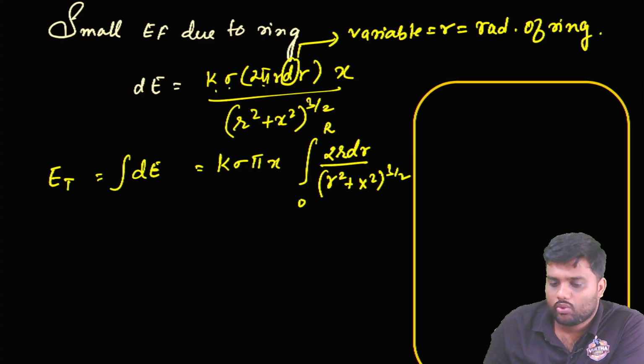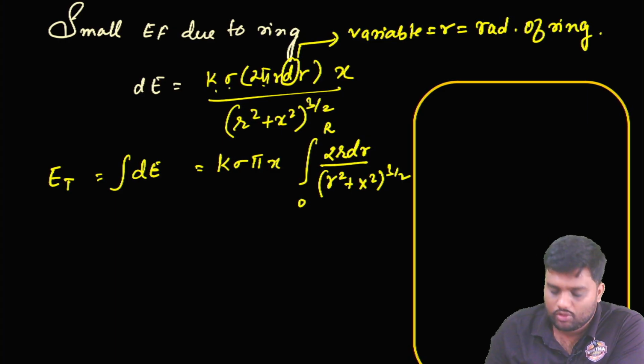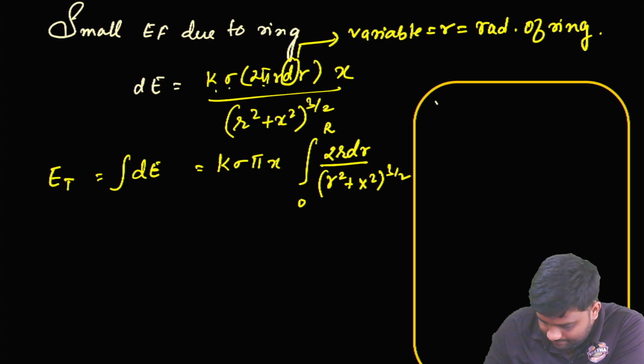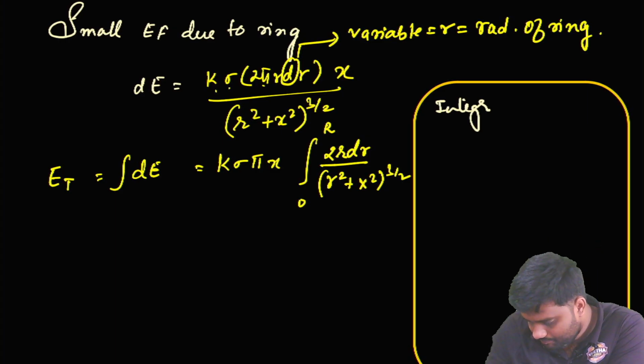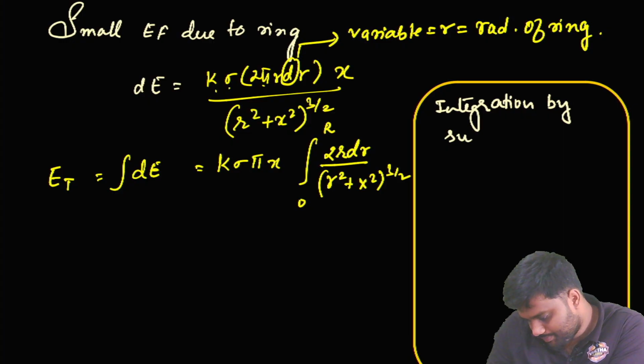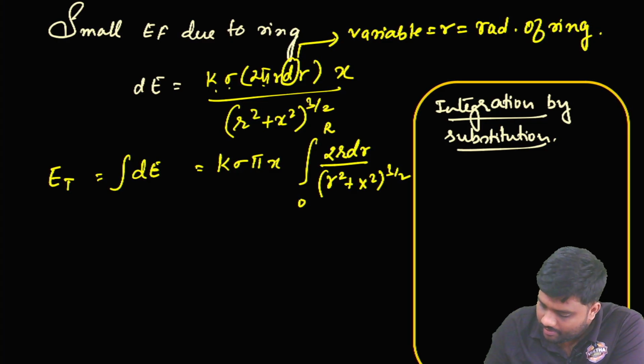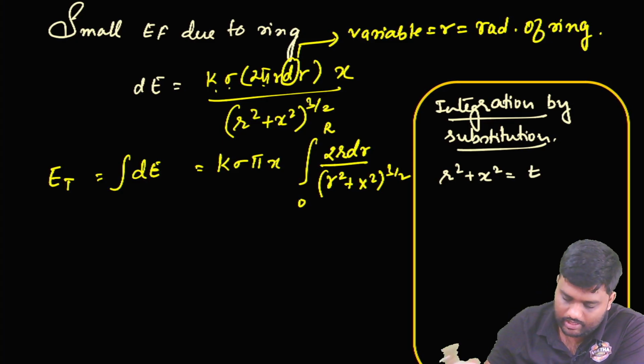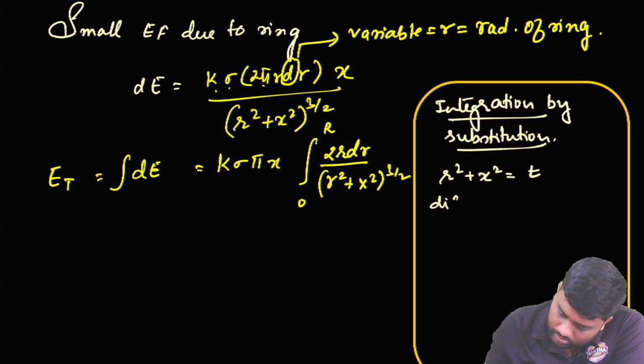Now you are going to integrate it using the substitution method. Integration by substitution. See here, r square plus x square, you equate to t. Now differentiate with respect to t.